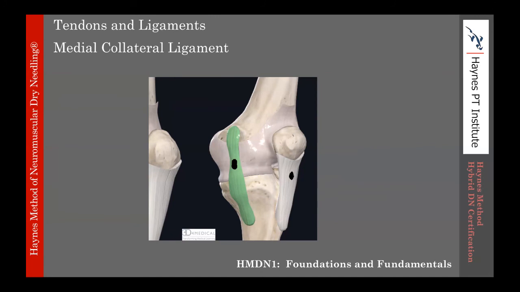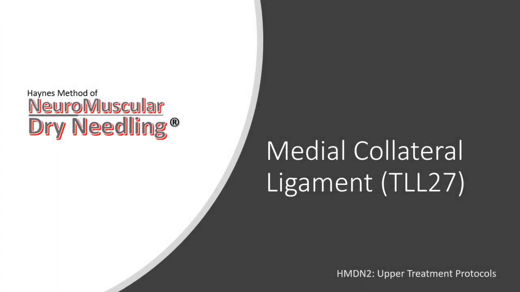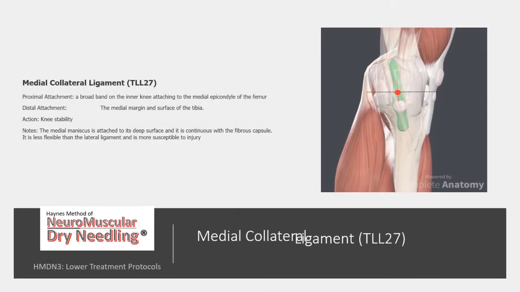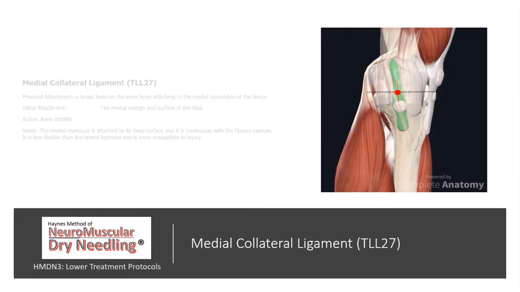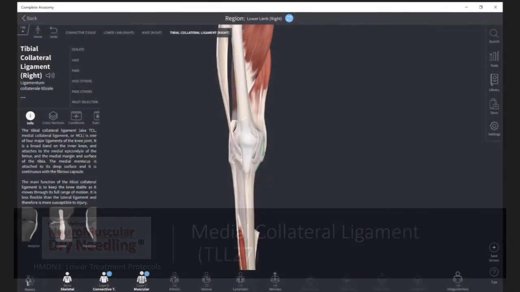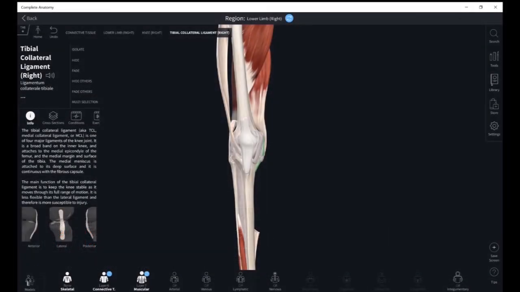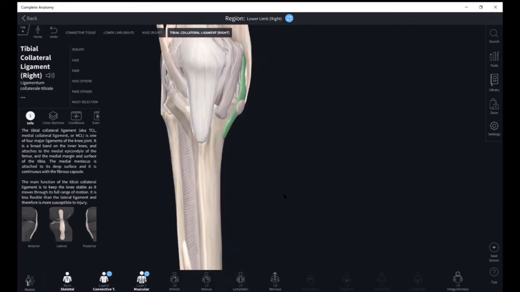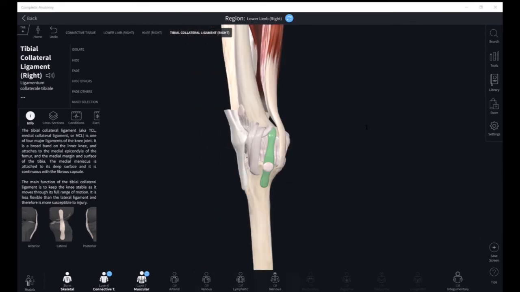Okay, medial collateral, very, very similar. The medial or tibial collateral ligament position is supine with the knee on the bolster.